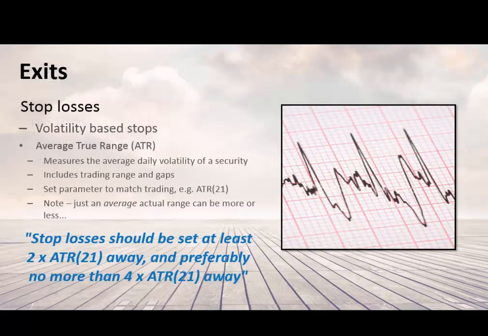The initial setting of our protective stops is all based on volatility, and the way that we measure volatility is through that of average true range. Average true range just measures the daily upward and downward movement of a security, and it also includes gaps as well as the entire trading range for that particular day.